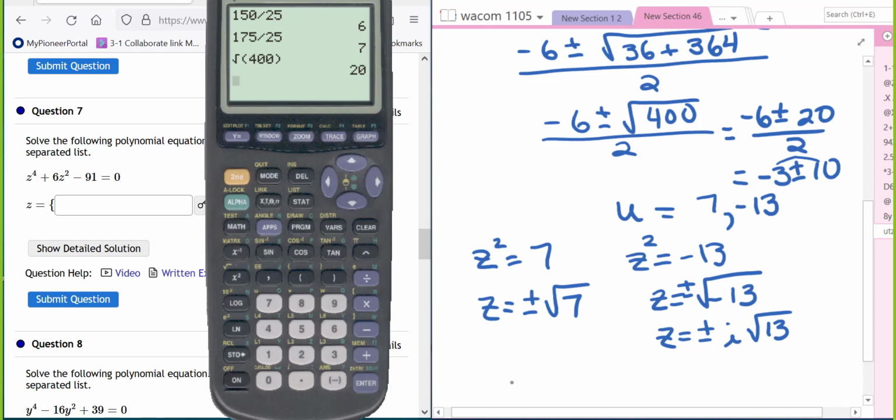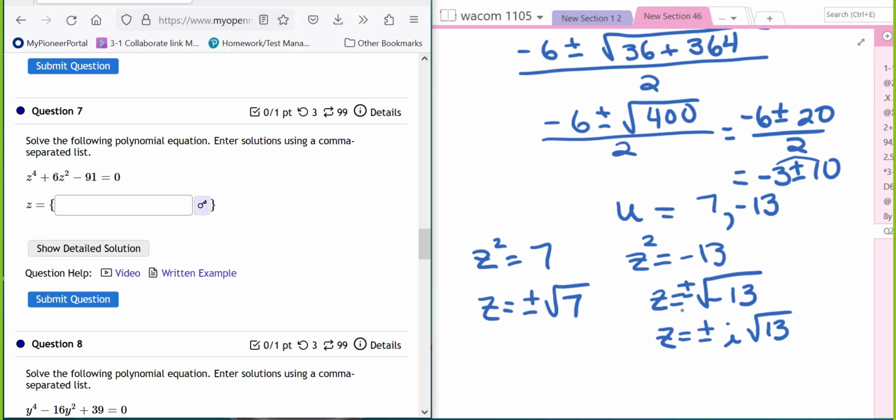So there are 4 answers: plus and minus square root of 7, and plus and minus I times the square root of 13. And you notice they have the I at the end. You have to be cautious if you enter it there, and make sure you have moved out from under the radical. So click at the end of the radical, then you can type it or use the arrow. Or if you put it in front, you're always safe.